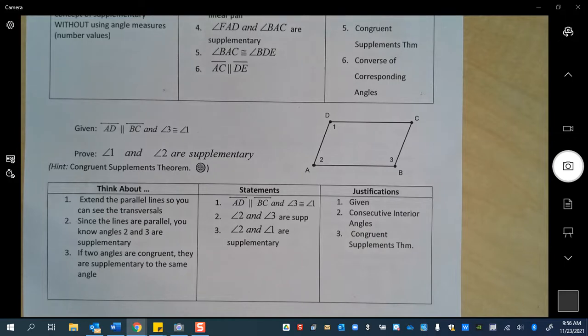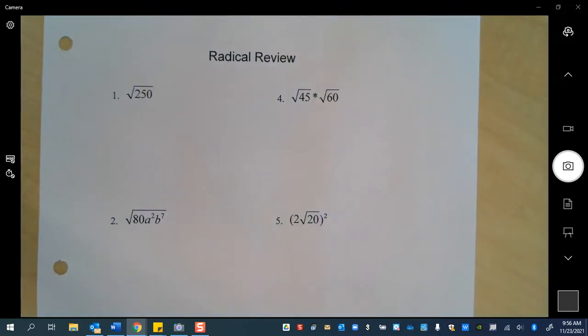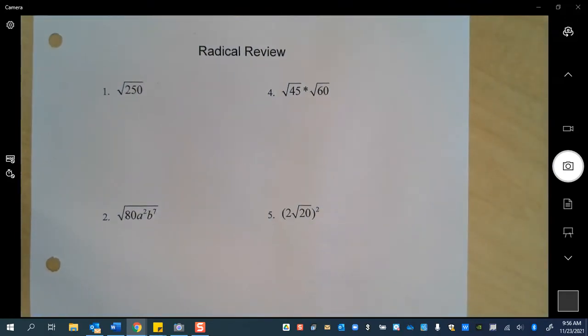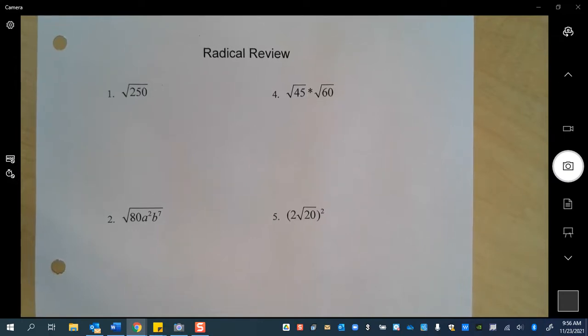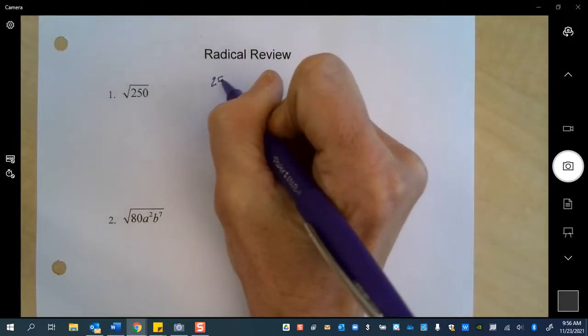All right, let's quickly talk about, and then I'll let you work and review, some simplifying of radicals. There's a couple different schools of thought of how to do this. I'm not a fan of this method at all.